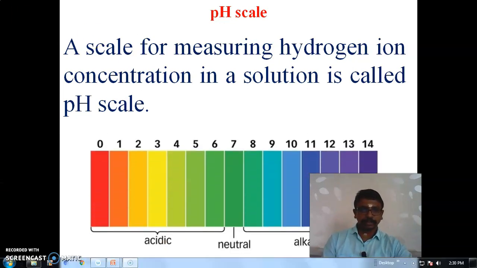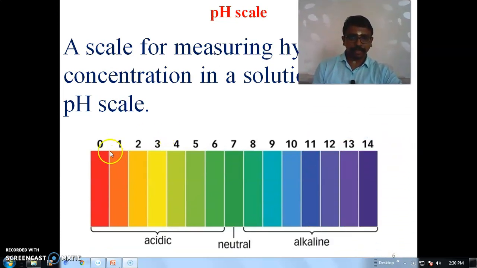So this is the pH scale. The pH scale goes from 0 to 14. If the pH is less than 7, we can tell it is acidic in nature.